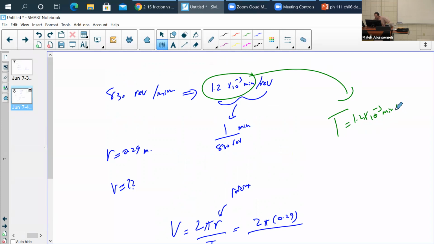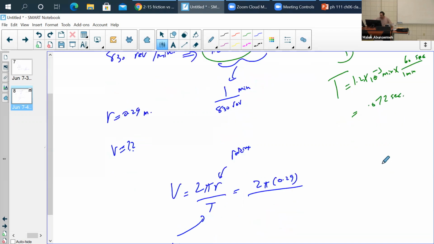by, or multiply it by, 60 seconds per 1 minute, we should get 0.072 seconds.